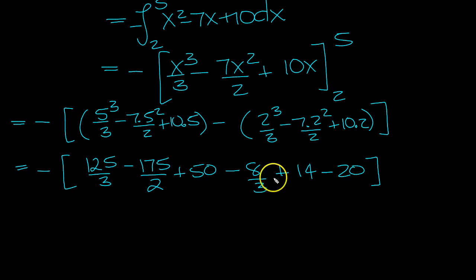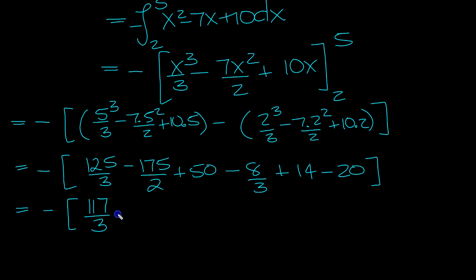So, almost there. Let's just do a bit more before we need to tap in the calculator. 125 minus 8 is 117, so 117 over 3.